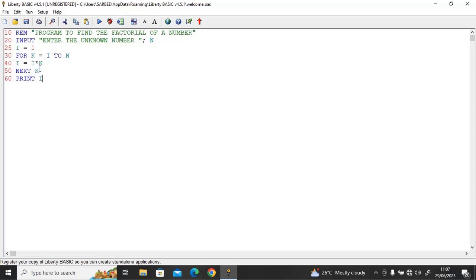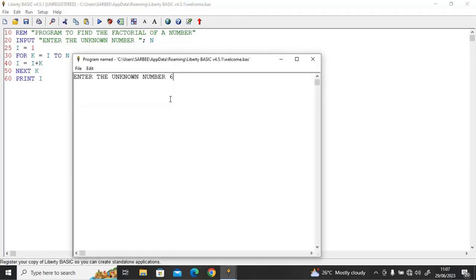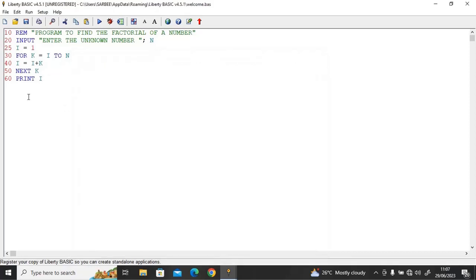So assuming I want to add now, I'll just put plus there. So let's say I want to add numbers from 1, let me just use 6 here. You can see it's 21. What this one is doing here is that we have 1 plus 2 plus 3 plus 4 plus 5 plus 6.